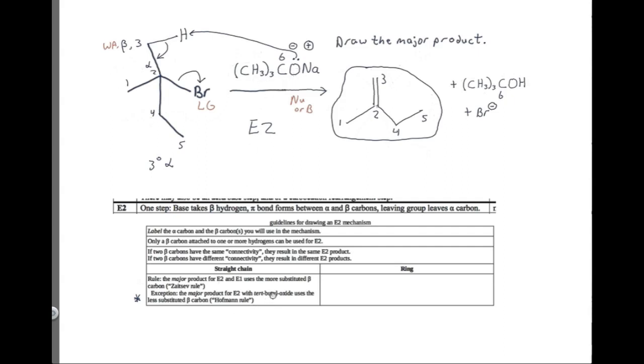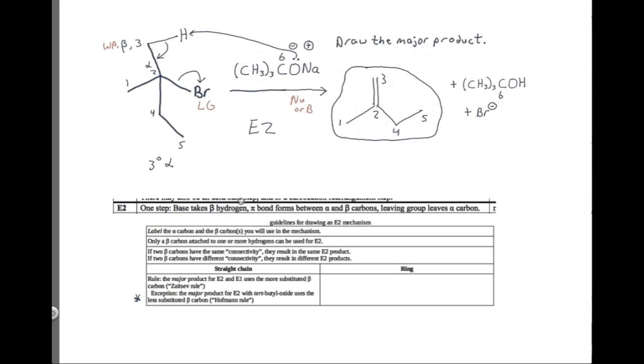With tert butyl oxide, the major product comes from attacking the less substituted beta carbon. Now, that doesn't mean that you can't also attack carbon 4. If they'd asked us for all the products, we could also attack carbon 4. But this problem only asked for the major product, and for the major product, we only attack the less substituted beta carbon.